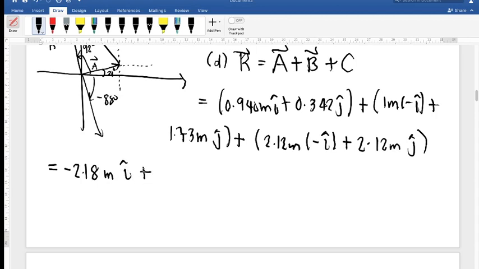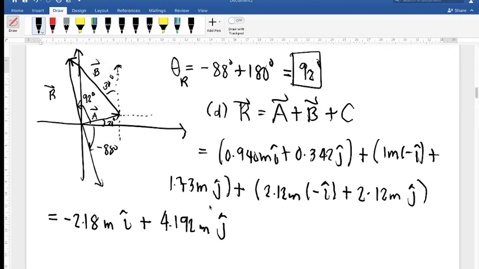Your j hat is 0.342 plus 1.73 plus 2.12, so we have 4.192 meters j hat. We have a negative x component and a positive y component, so therefore we anticipated our resultant to be in quadrant 2.